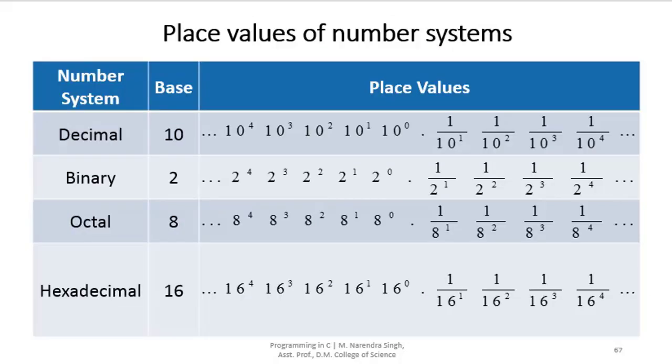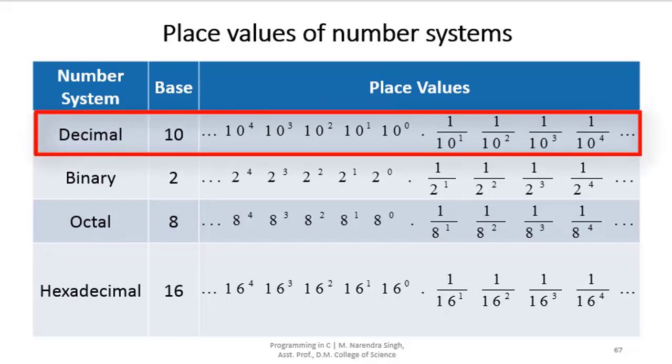Now before we convert any given binary, octal or hexadecimal number to decimal number, first we have to know the place values of the digits appearing in the numbers. First, in decimal number system, we know place values to the left of the decimal point are ones place, tens place, hundreds place, thousands place, 10,000s place.